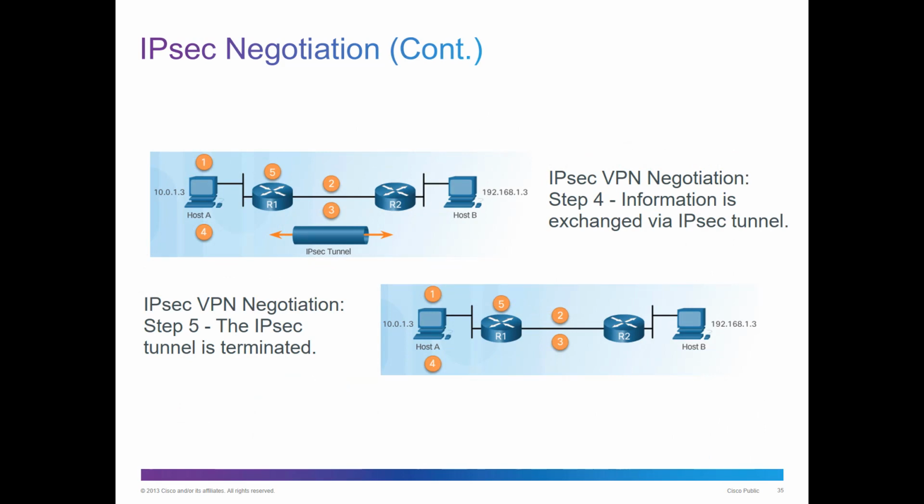Next, step 4, the information is exchanged via the tunnel. Should be done encrypted. And then the last step, the tunnel is terminated once no longer needed. You can have the tunnels kept alive so they're always active if you want. That's a little later in this chapter when we discuss it though.